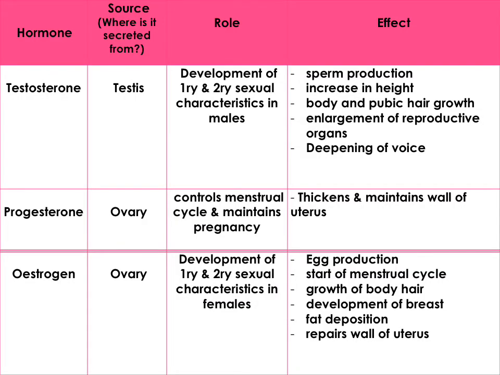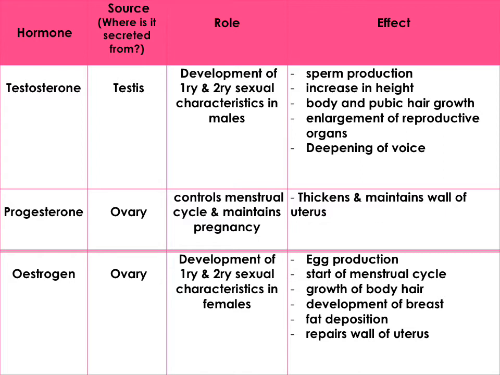Let's look at the hormones that are responsible for each and every part of the reproductive system. We're going to revise. So remember, testosterone, where is it secreted from? From the testis. What is the role of this hormone? It is responsible for the development of the primary and secondary sexual characteristics.